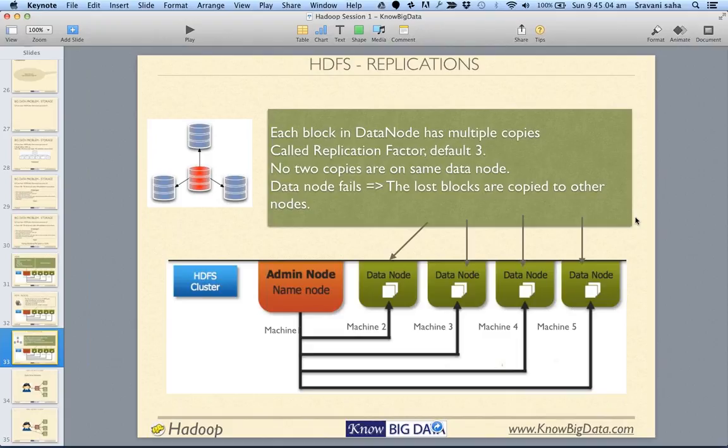But in case you have smaller block sizes, then you will have too much metadata, which means you are going to fill the RAM of your name node or admin node very quickly. Name node and admin node I'll be using interchangeably. But in case you have a bigger block size, then what will happen is the modularity is gone.